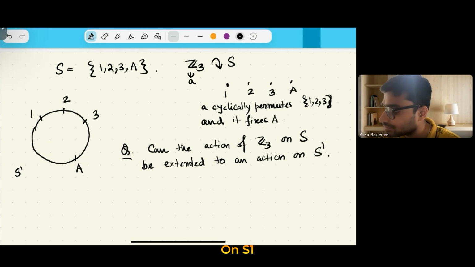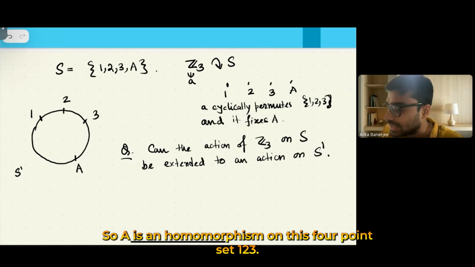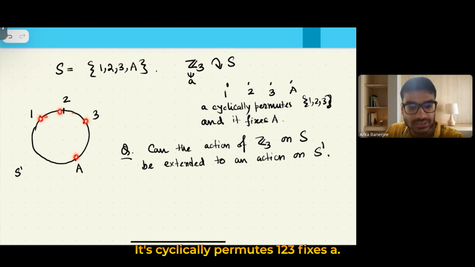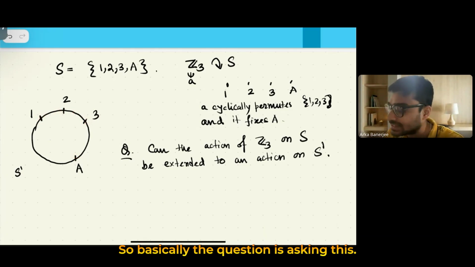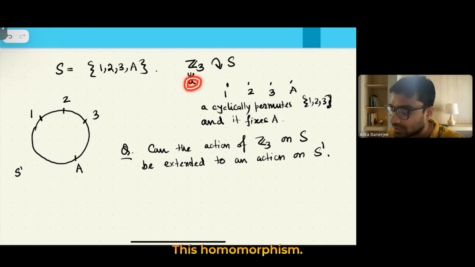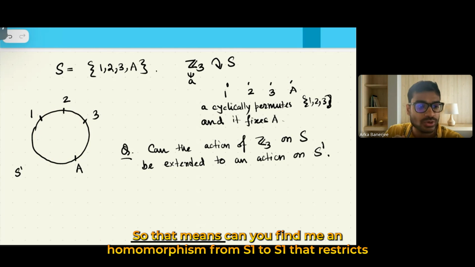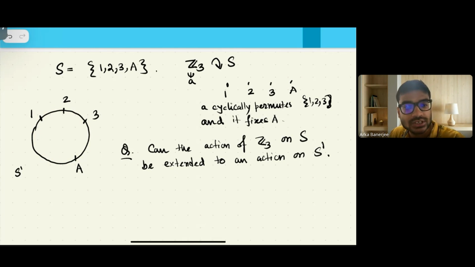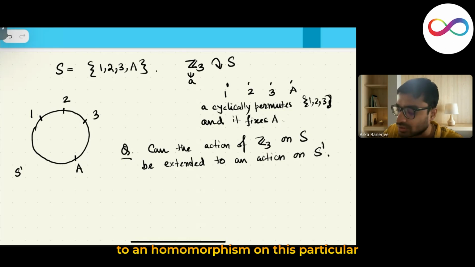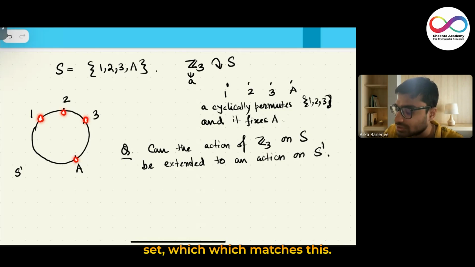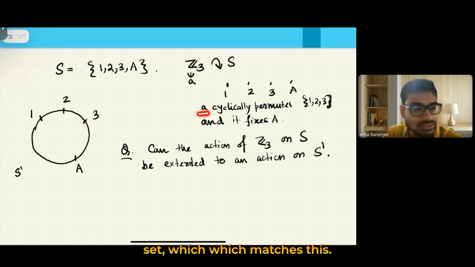All right, so A is a homeomorphism on this 4-point set. It cyclically permutes 1, 2, 3 and fixes A. So basically, the question is asking: can this homeomorphism be extended to the circle S1? That means, can you find me a homeomorphism from S1 to S1 that restricts to a homeomorphism on this particular set, which matches with this A?